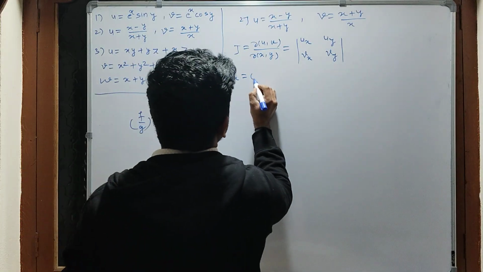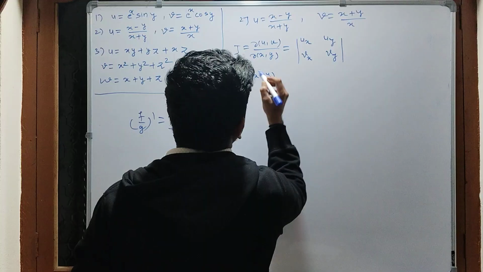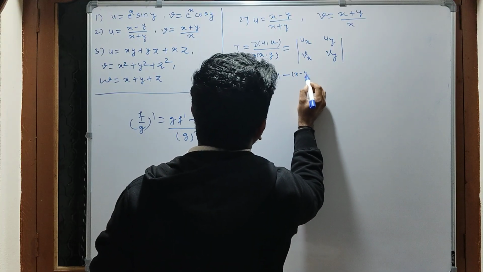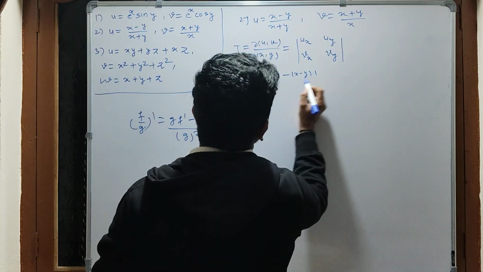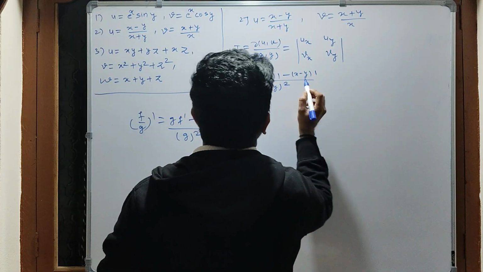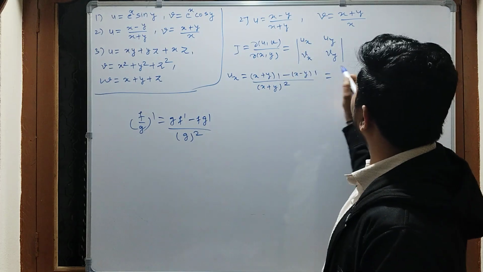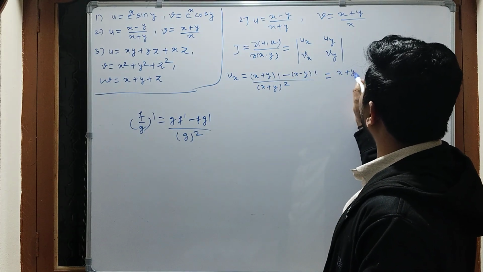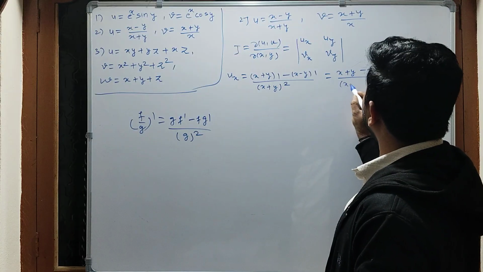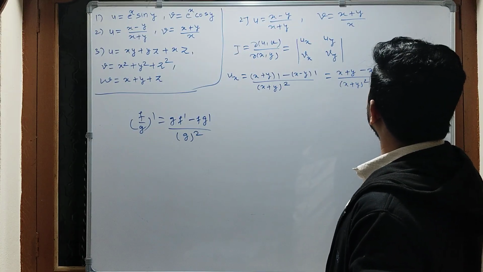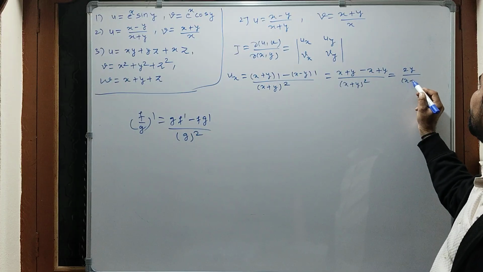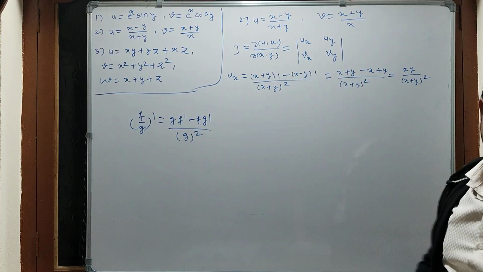Therefore here x plus y as it is times the derivative of numerator 1, minus x minus y as it is times the derivative of denominator 1, divided by (x plus y) whole square, which is equal to x plus y minus x plus y, divided by (x plus y) whole square, which is equal to, here x gets cancelled, this is 2y by (x plus y) whole square.